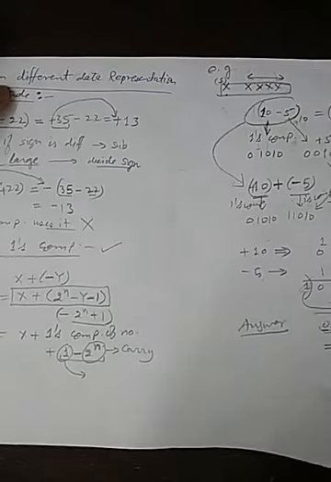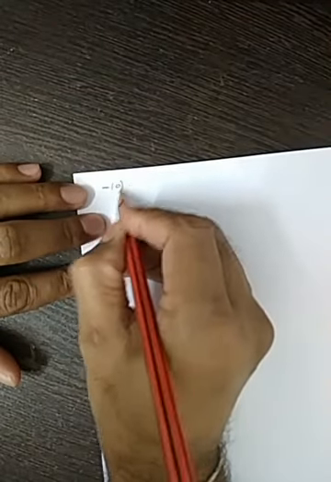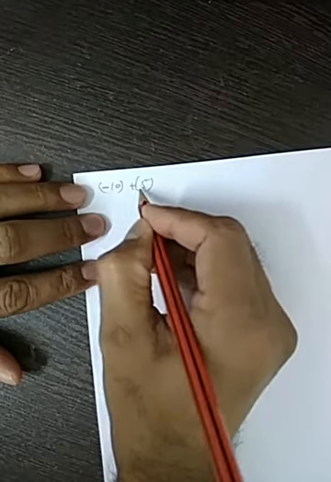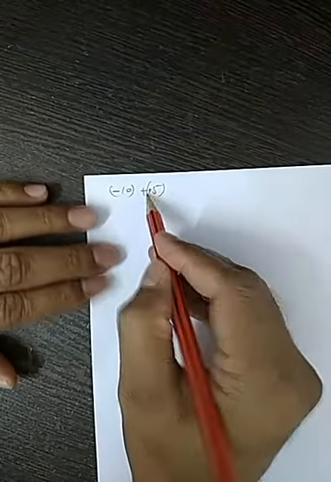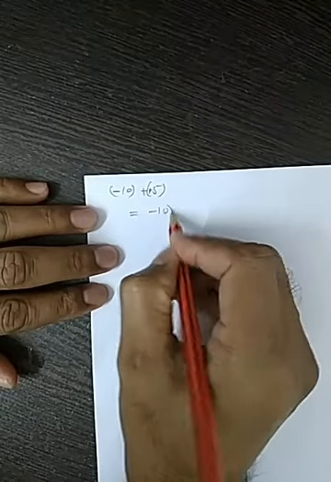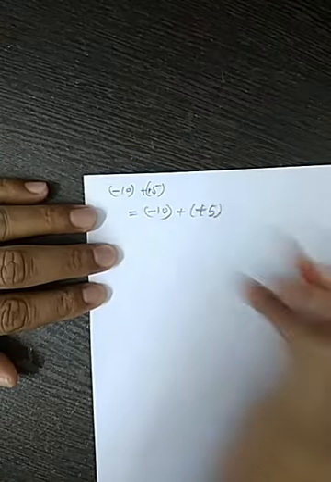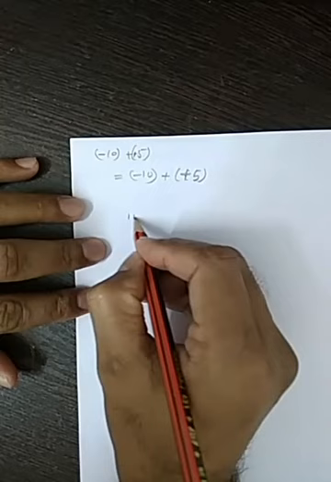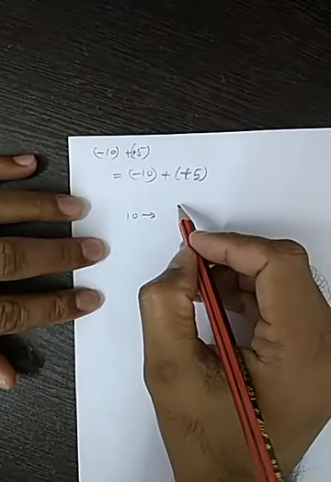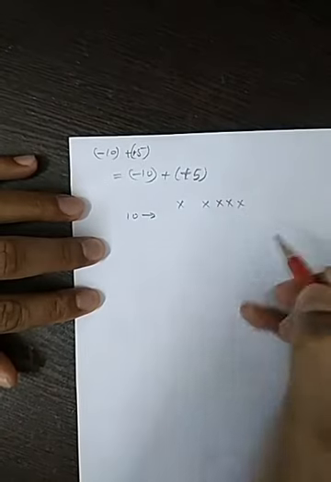Let us try to understand the reverse way. Take another example: minus 10 plus 5. I will represent 10 using a sign bit followed by 4 magnitude bits.